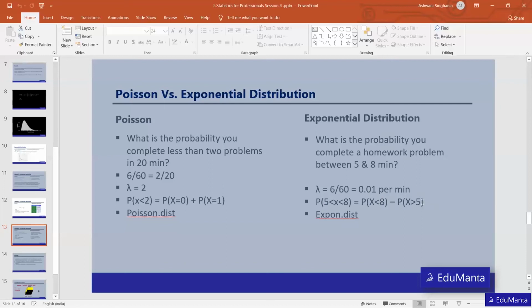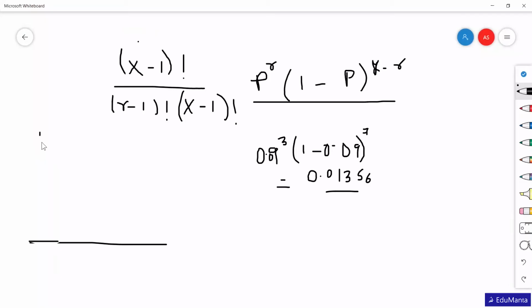So we are going to subtract that, and what we are going to get, let's try to understand it by graphs. So this is how the exponential distribution is going to look like.